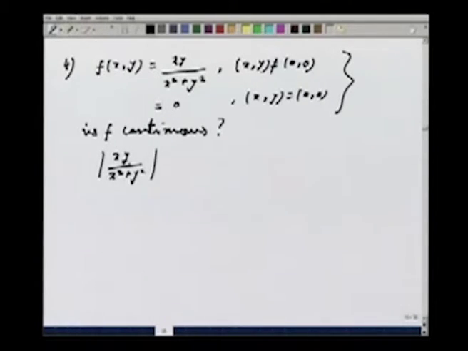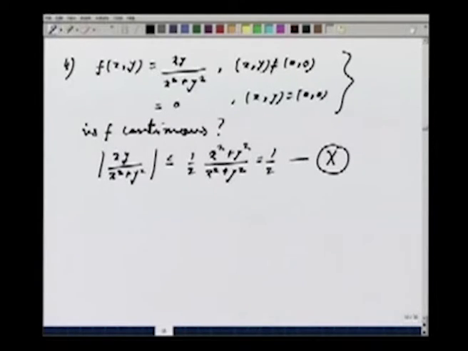But the only thing I can do is that xy is less than or equal to half of x square plus y square, since AM is bigger than or equal to GM. Then it is x square plus y square, so I just get that it's half. I could not really make it small. So it seems there exists some problem here. Perhaps this function is not continuous.